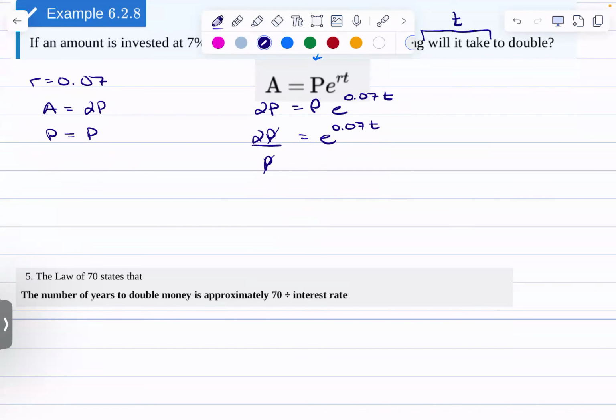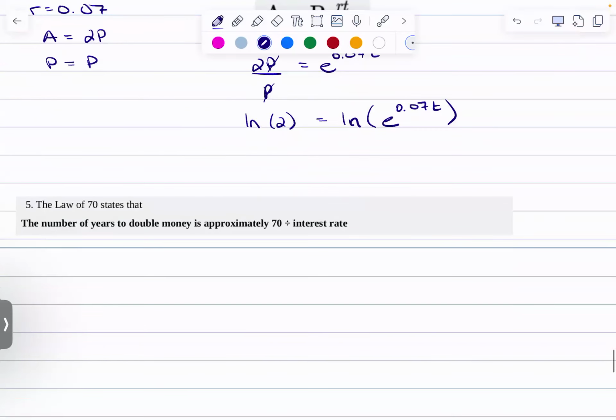So the natural log of 2 is the natural log of e to the 0.07t, which is the same as 0.07t times the natural log of e. You can try it on your calculator, but the natural log of e to the power of 1, just e, is 1. So that's nice.